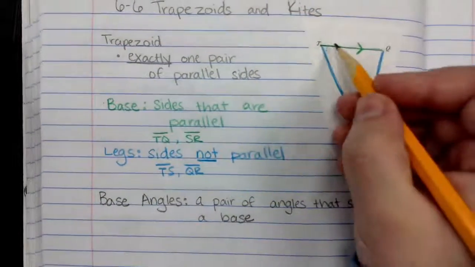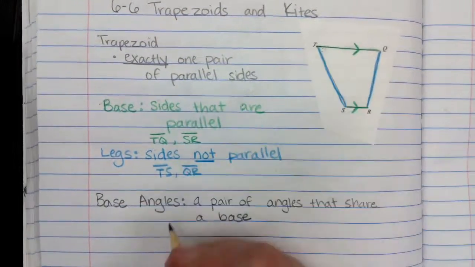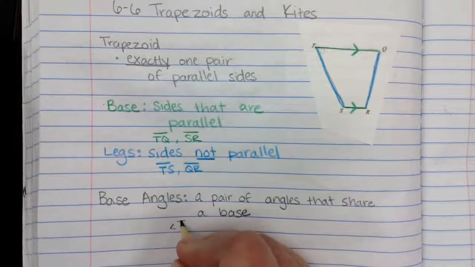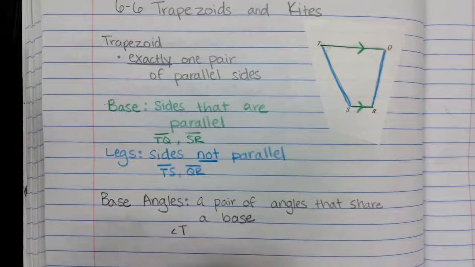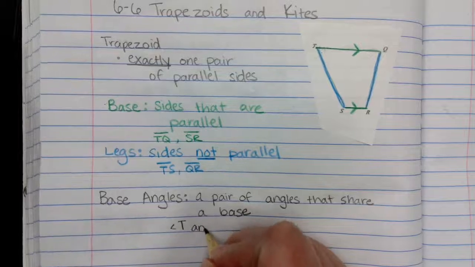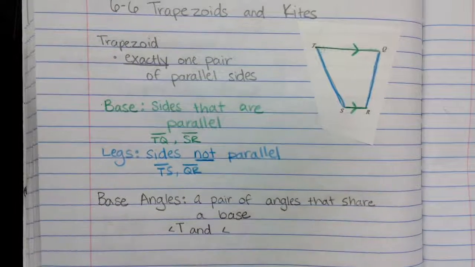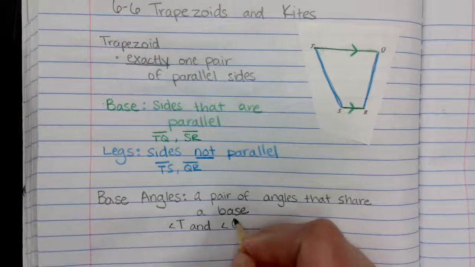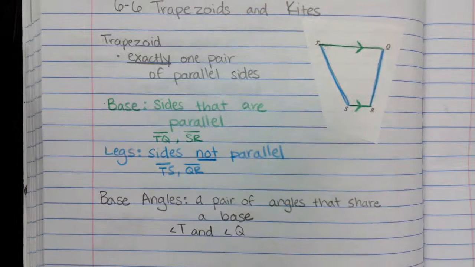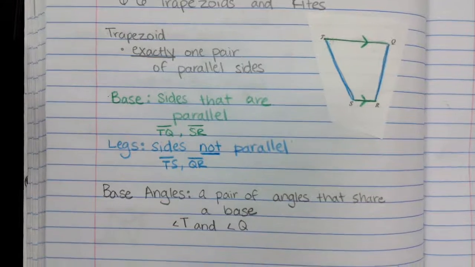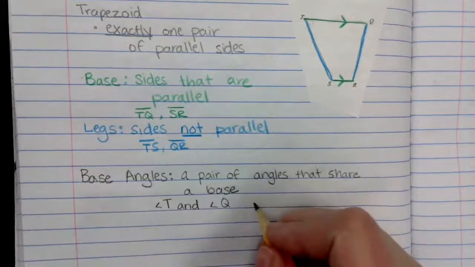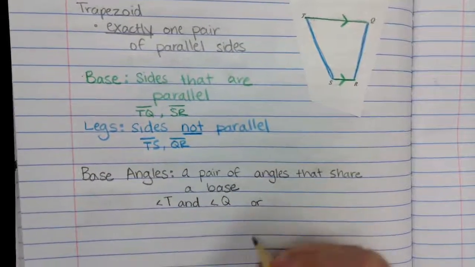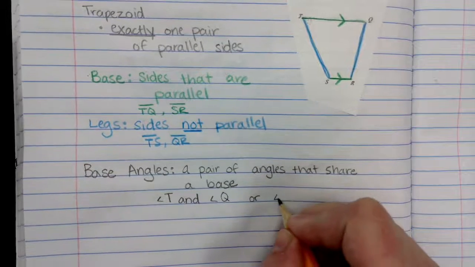Angle T. And that angle T is a base angle as long as it's paired with what's at the other end of the base. Q. T and Q go together. Or what else can go together? Angle R and angle S.